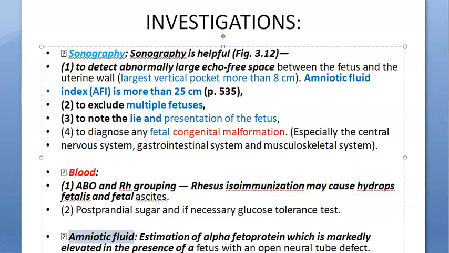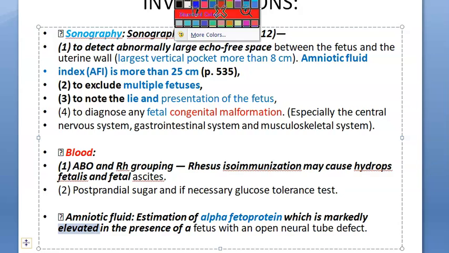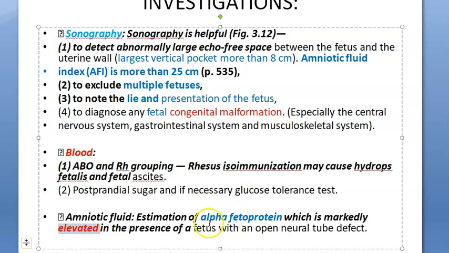And then coming to alpha-fetoprotein, estimation of alpha-fetoprotein. Basically this is going to be important. If alpha-fetoprotein is elevated, it means there is a neural tube defect. That is why all that extra fluid is getting produced, transudated. They say open neural tube defect.